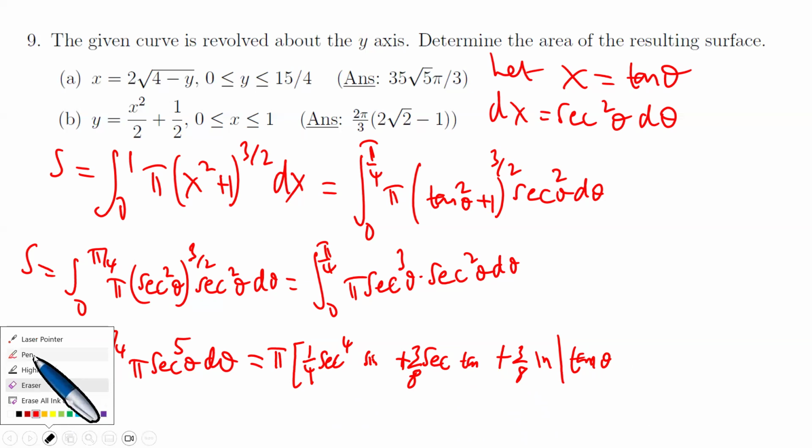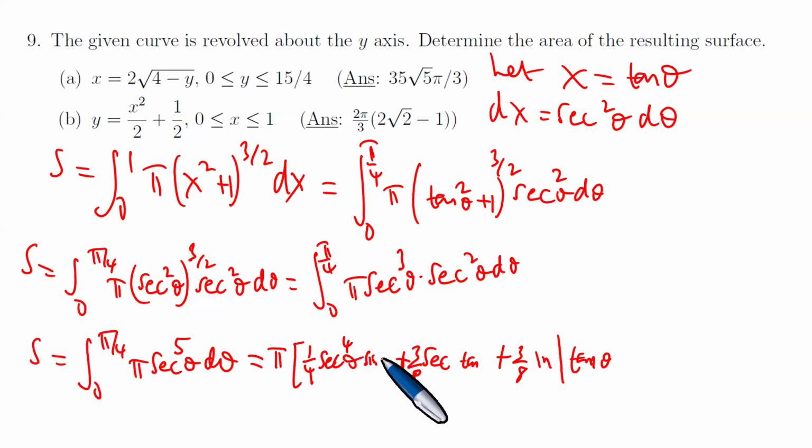So it's sec to the power 4 of theta, and then it is sine theta, and then sec theta tan theta. You integrate from 0 to pi over 4.